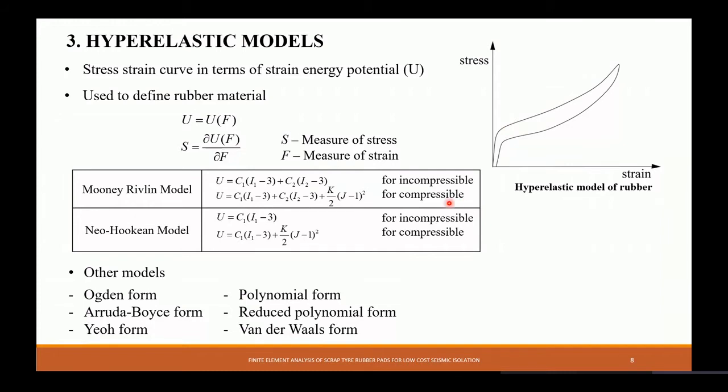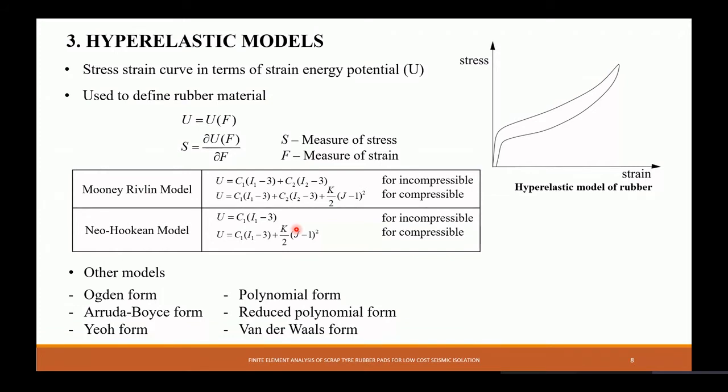There are different types of models that have been proposed. The problem with each type of model is that the parameters in these models actually require experimental testing on the rubber material to calibrate them. And we do not have right now those experimental data on coupons of the rubber, although we do have them on the isolators.